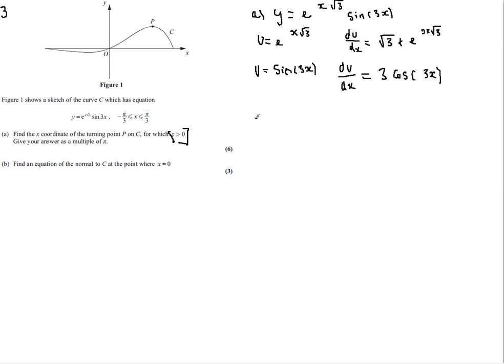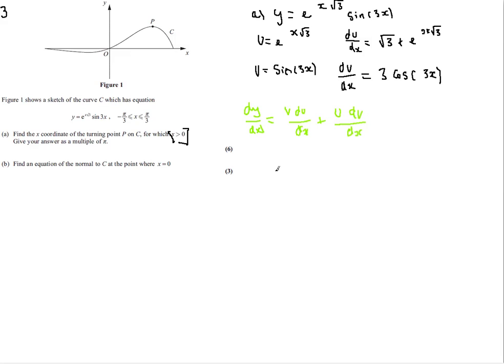And now we're going to use the product rule. The product rule states that dy/dx equals v times the differential of u with respect to x, plus u times the differential of v with respect to x.